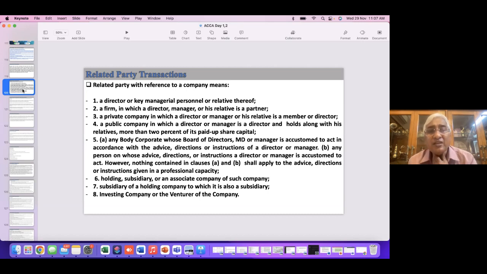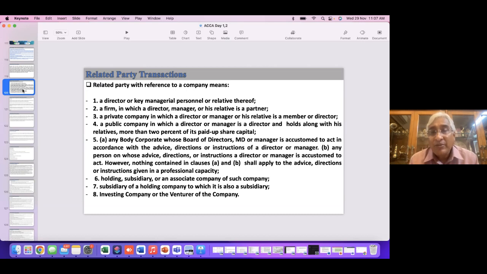Similarly, in a company also, a director or a key managerial personnel or relative thereof, a firm in which a director, manager or his relative is a partner. So here the basic objective is that the fellow can distract the decision making process or can influence the decision making process in his own way.